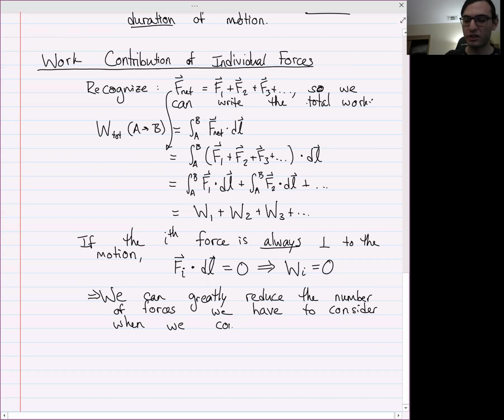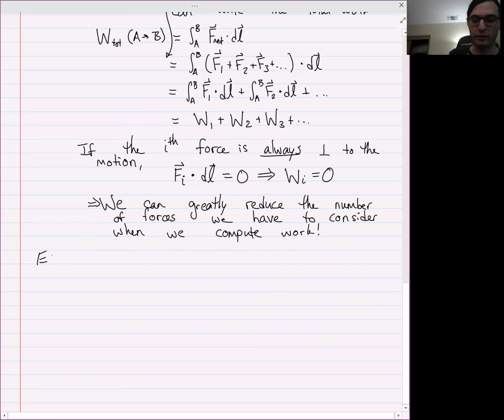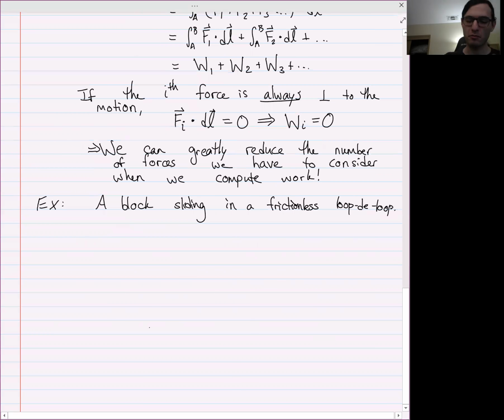So I'm going to draw a situation that would be hugely difficult to do with Newton's laws. The example here is a block sliding in a frictionless loop-de-loop. So here's the picture. You have a bowl, and then you have a loop-de-loop somewhere in the middle.